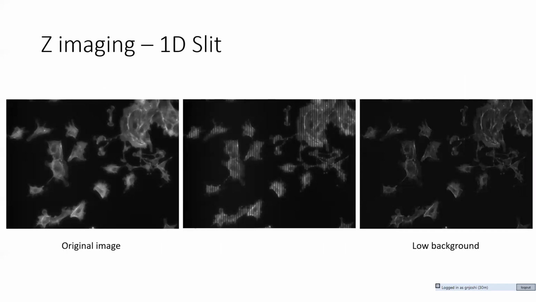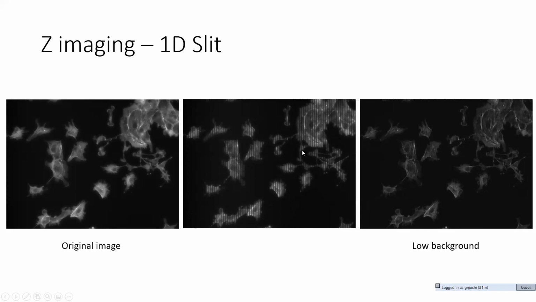So just kind of an example, if you look at these cells over here, and we will again do this while we have the slide on the system. So for example, with the 1D slit method, in this case you're looking at actin and you can see all this background. With the 1D slit method, you can see these patterns coming up.